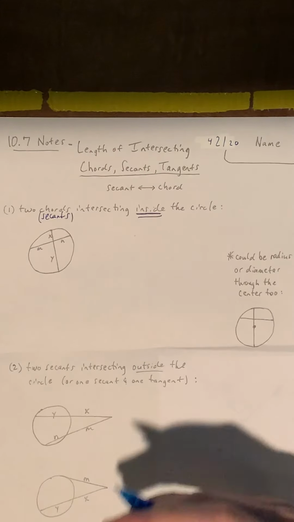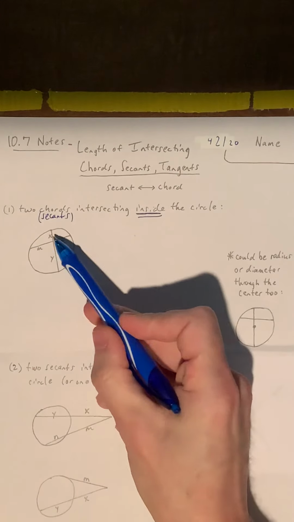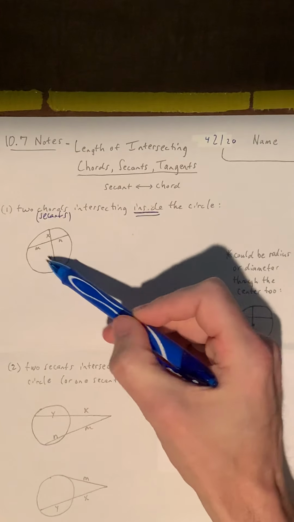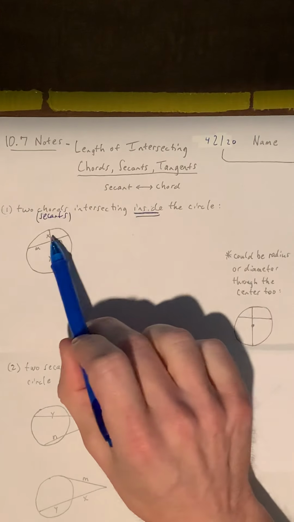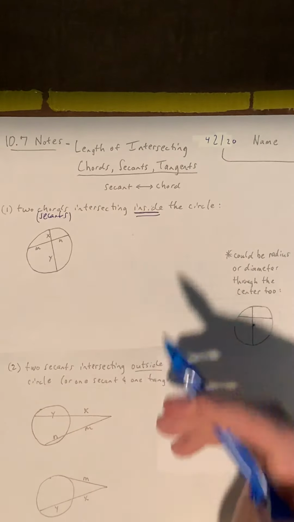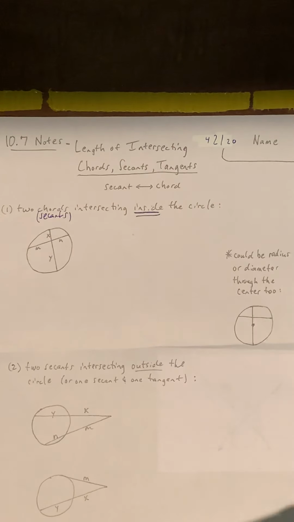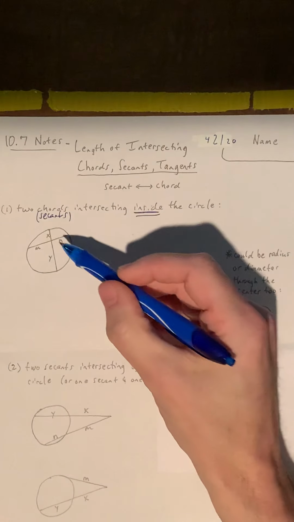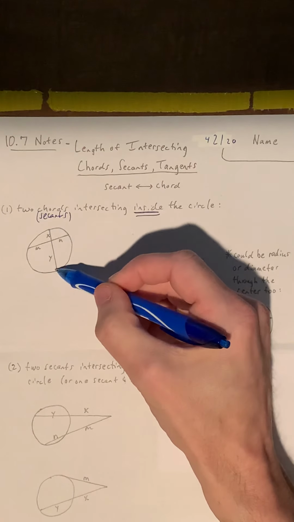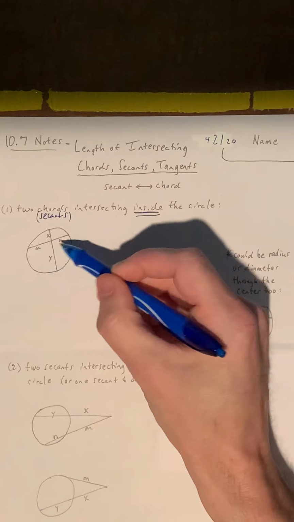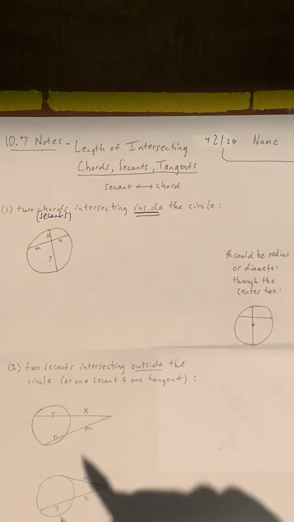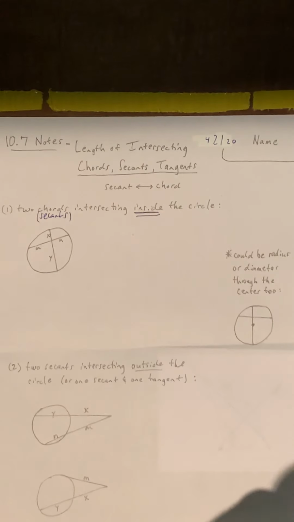So the picture is going to look something like this, where you have one chord and a second chord. When you have two chords that intersect, you have four pieces that are formed, and we've labeled those four pieces here: piece X, piece Y, piece M, and piece N. Here's the relationship between those pieces.